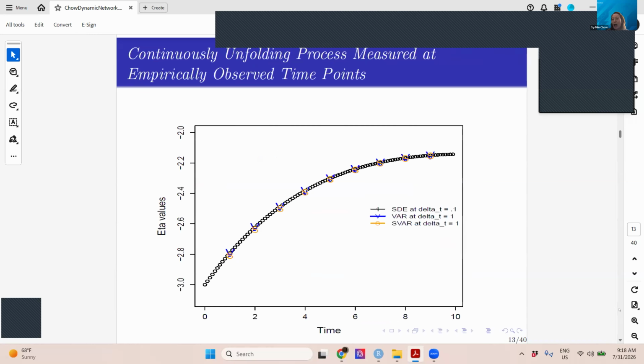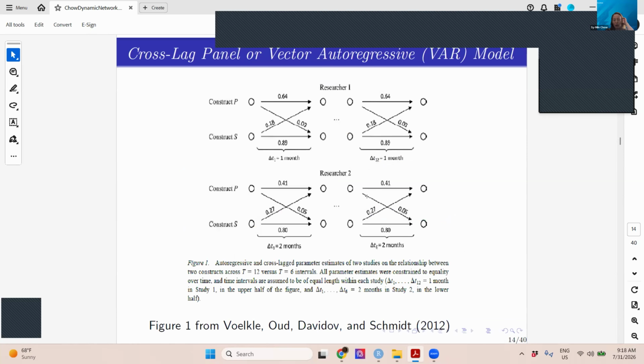When we have different time intervals between successive occasions, we are just sampling at these discrete time points, right? But the magnitudes of the edges, the auto and cross regression weights, would differ depending on the time interval, or the amount of time that has elapsed between two successive occasions. So when we are comparing studies across different publications, that may create difficulties in connecting the findings.